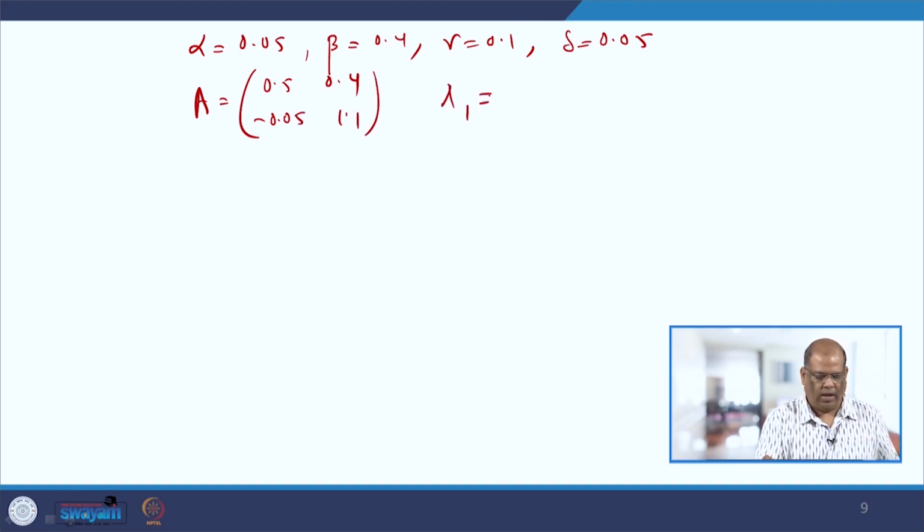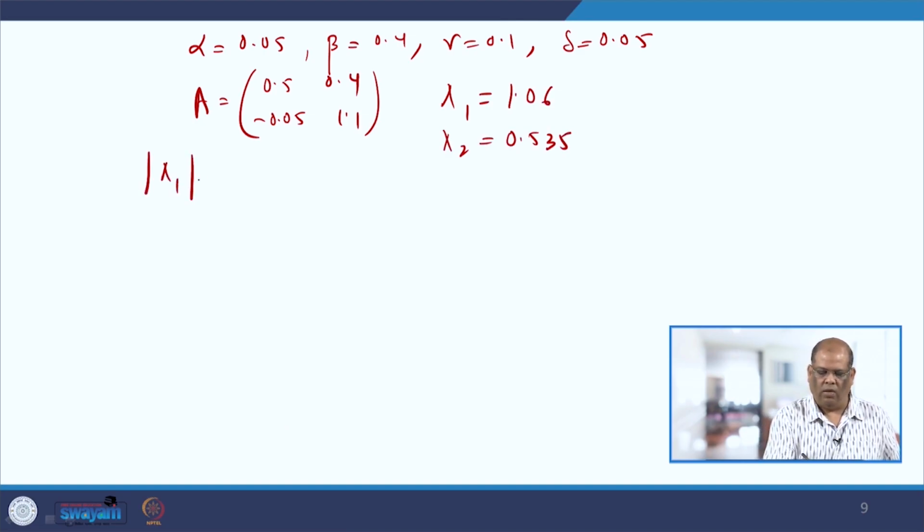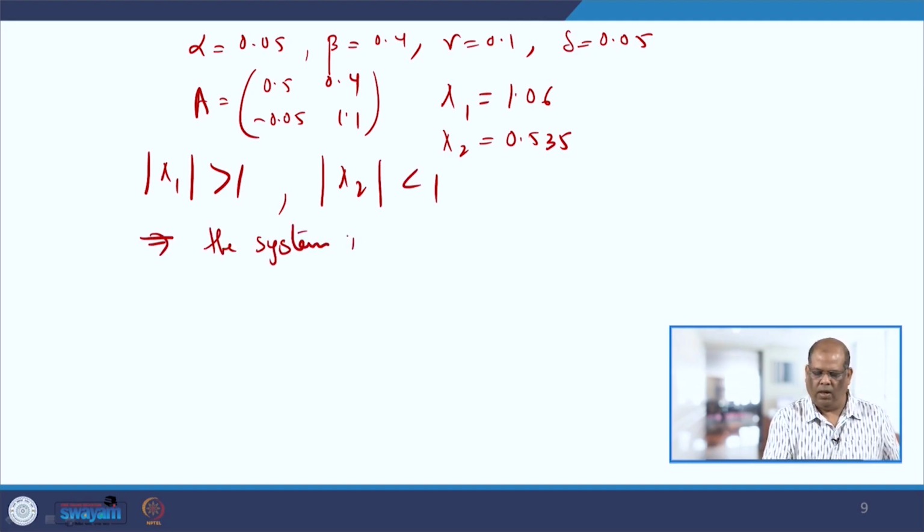And you can easily calculate the eigenvalues to be 1.06 and 0.535. So if you notice, now one modulus is greater than 1 and the other is less than 1, which implies the system is unstable at (0, 0).